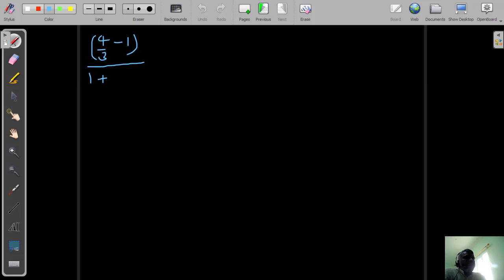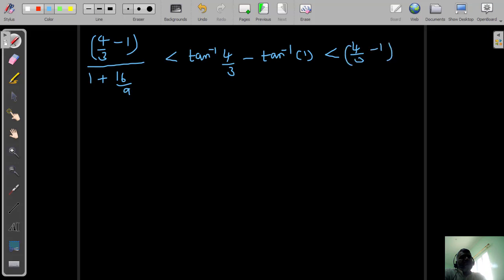V square means 16 by 9, which is less than tan inverse v, that is 4 by 3, minus tan inverse of u, that is 1, less than again v minus u, 4 by 3 minus 1, divided by 1 plus u square, which means 1 square.